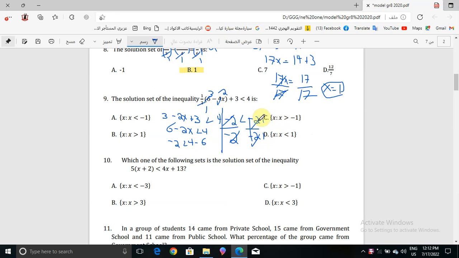But because we divide both sides by a negative number, it will change the sign. So that means x is greater than 1. That means we'll find this answer in choice B.